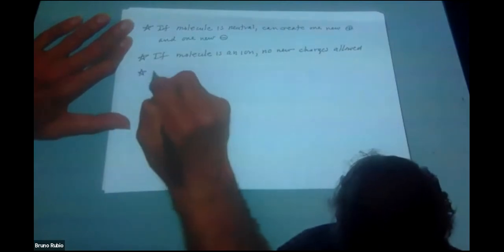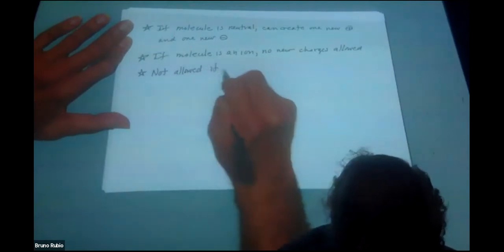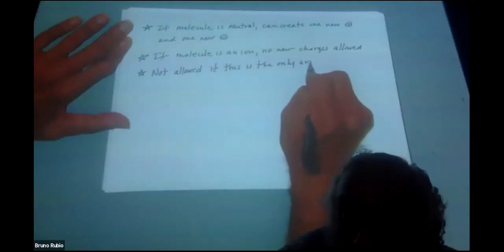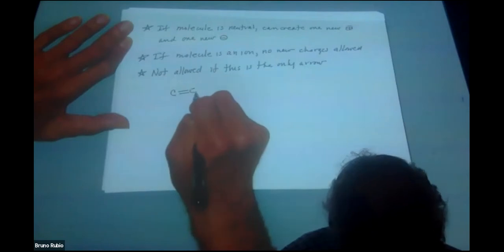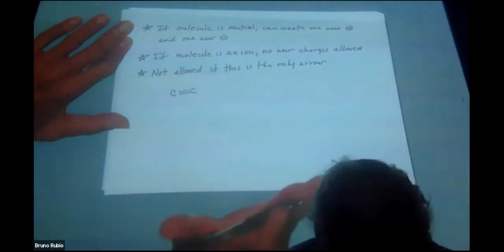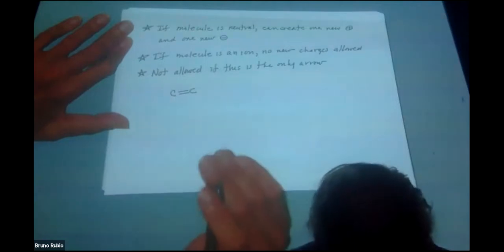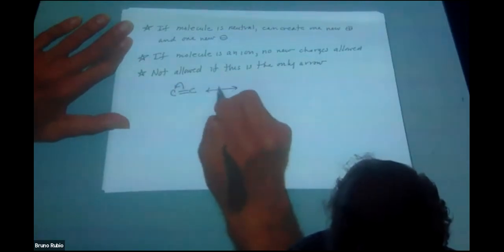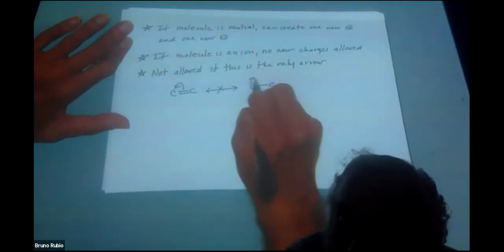Okay, and so this move here is not allowed if this is the only arrow that you draw in the resonance structure. You can't take a carbon-carbon double bond. And remember, one of the things we're doing when we're writing resonance structures is moving single bonds that belong to multiple bond systems. You can't take that single bond and give the electrons to one carbon or to the other carbon.